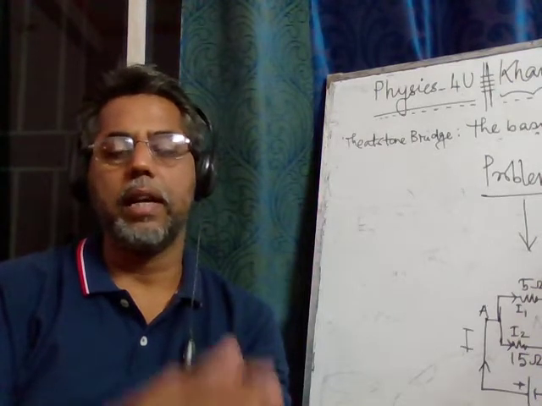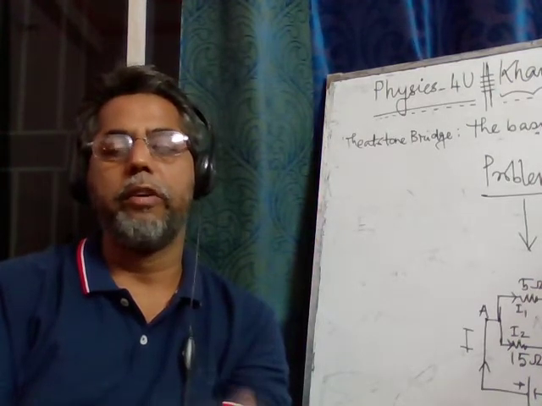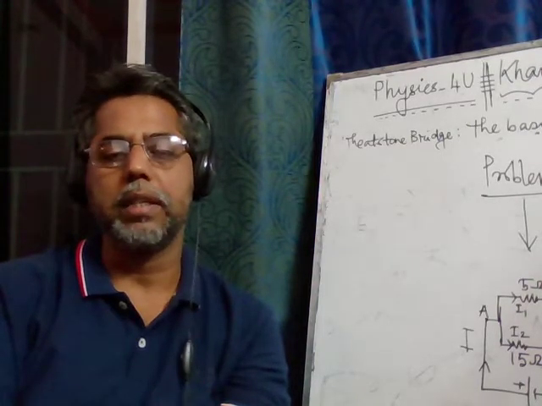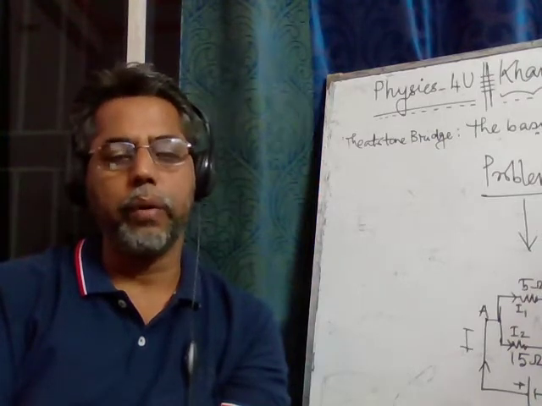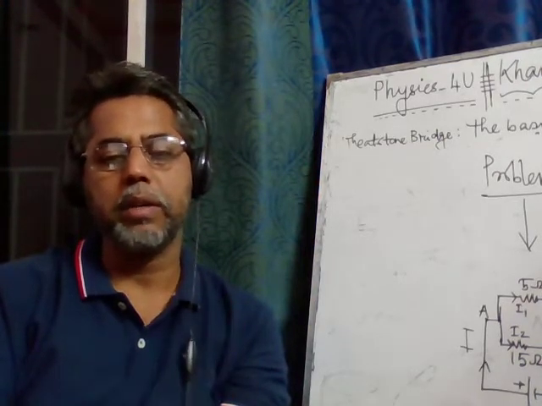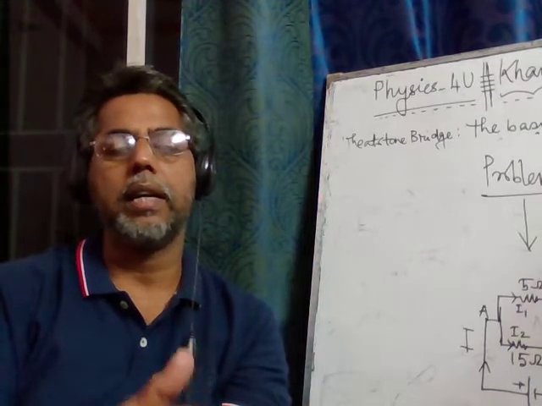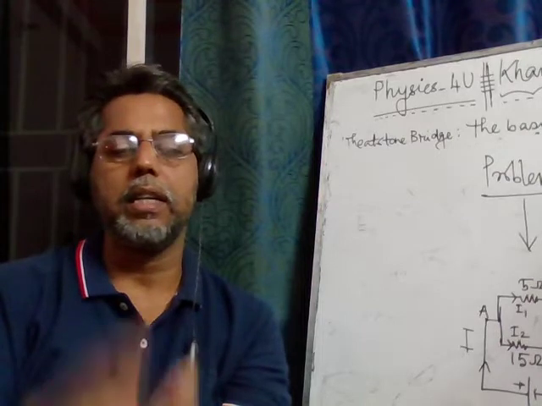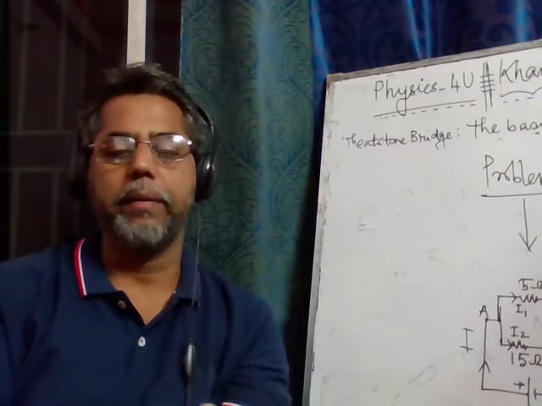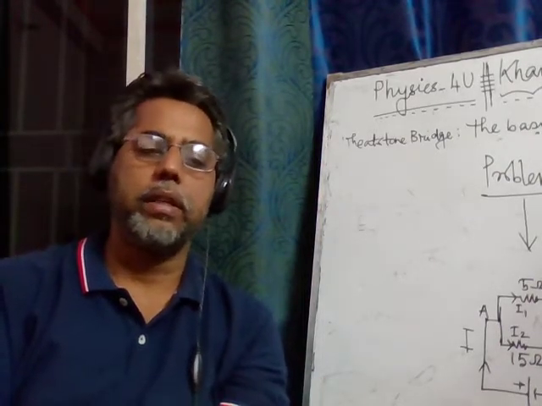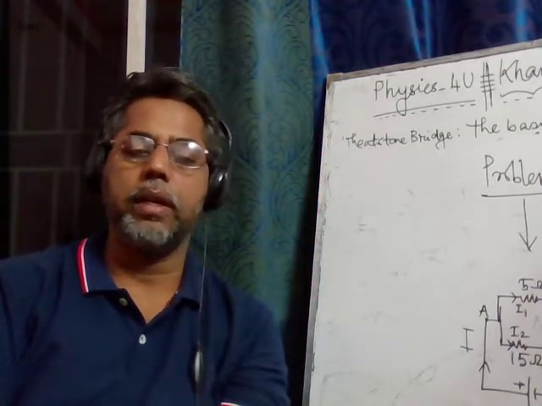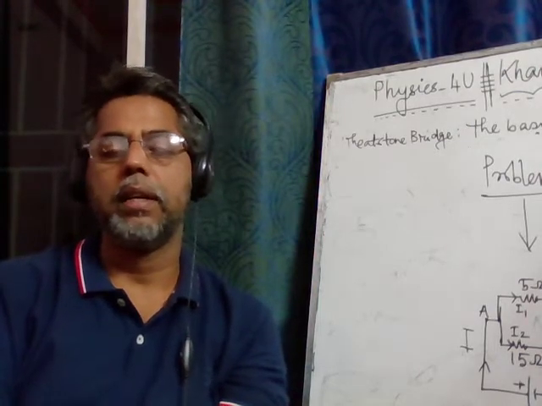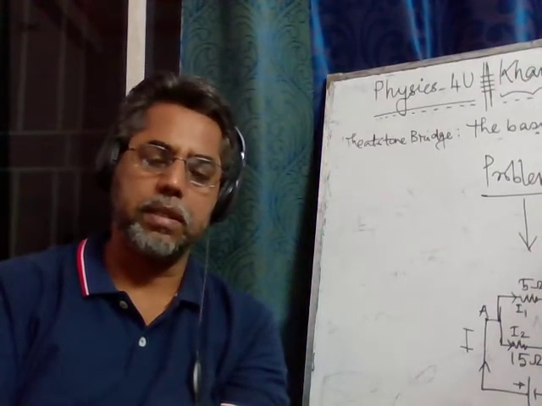We need a load resistance and four resistances representing the four arms of the Wheatstone bridge, and some connecting wires. For measurement we need a voltmeter and ammeter, and to make and break the circuit we need keys. So these are the few elements we require to do experiment and theory with the Wheatstone bridge principle.